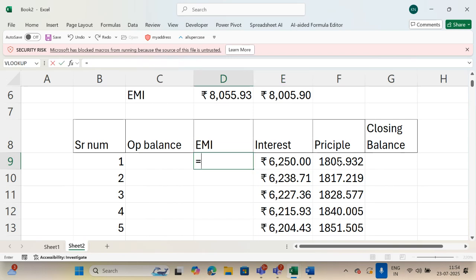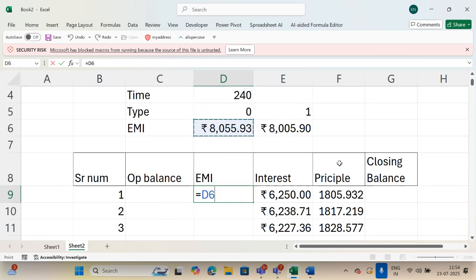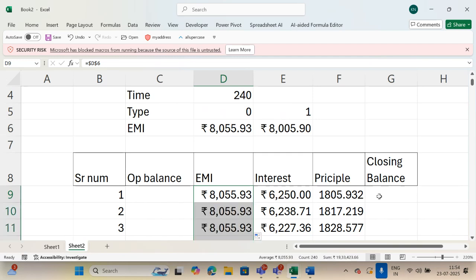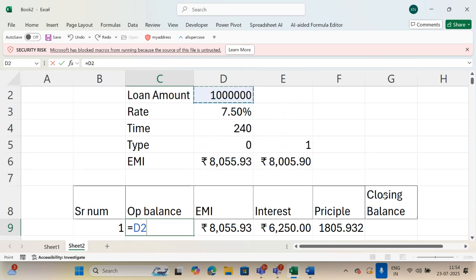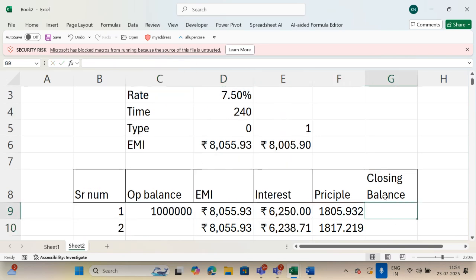Okay. Now we can create the loan amortization chart. This is known as a loan amortization chart. Then the opening balance is equal to this minus this.